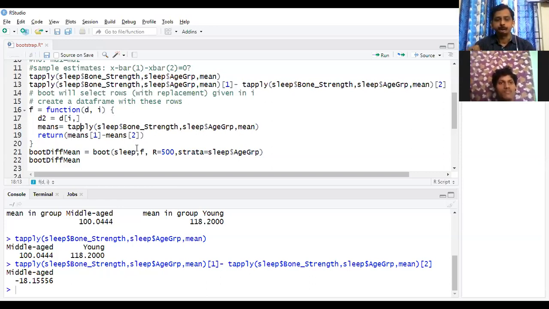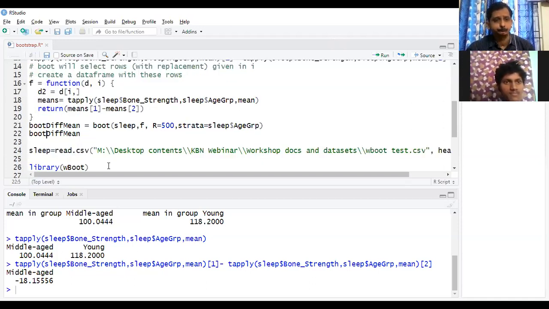The first time you resample, compute means, take the difference, and store it. Again, put the sample back into the main data, pick another random sample, compute the computations given in f, and store it again. Like this, it will do 500 times, and all the differences will be stored in this bootstrap difference.